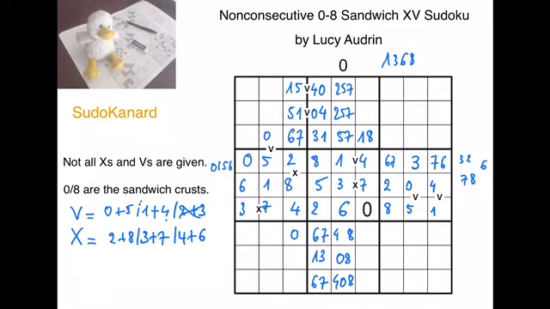3, 6, and 7. And this is not a 6 or 7, so that's a 3. 6 or 7 here. 1 and 5 must be in those cells, but that's not saying much.